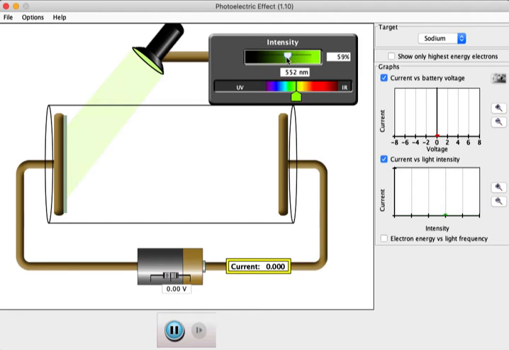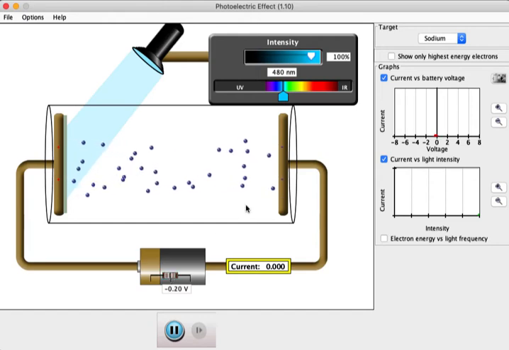Uh-oh, this is very weird. Let me try an intermediate one, maybe 480. Okay, here we've got some current. This is slightly redder, although it's still kind of blue, but it's going to take less voltage to stop this thing.